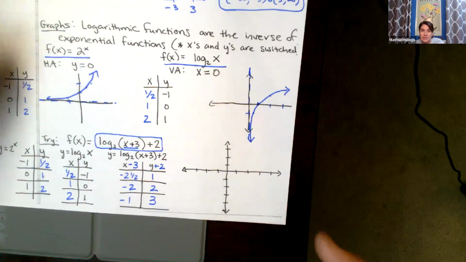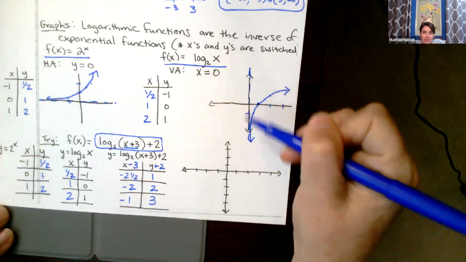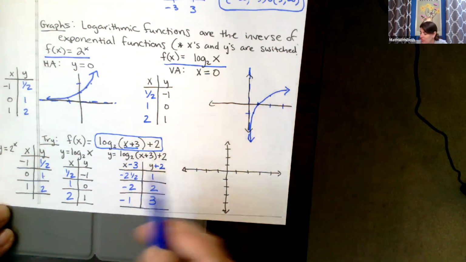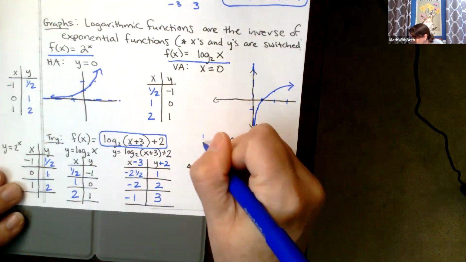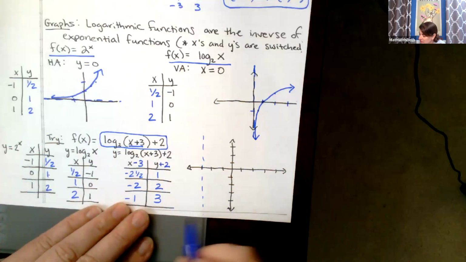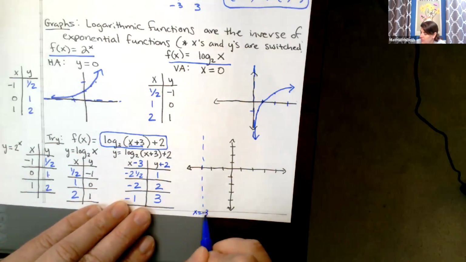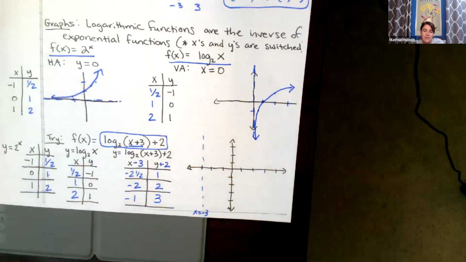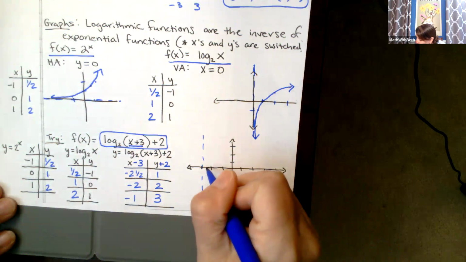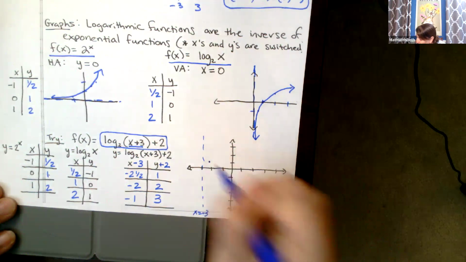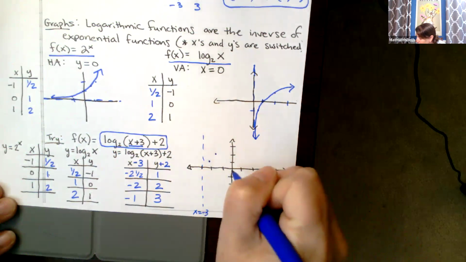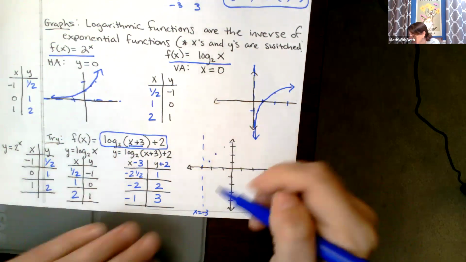And we know that since our asymptote is usually x equals 0, but I've subtracted 3 from all of my x's, that's going to also affect my asymptote. So our asymptote is now x equals -3 because it also moved left 3. So -2.5, 1 would be up here. -2, 2, and -1, 3.